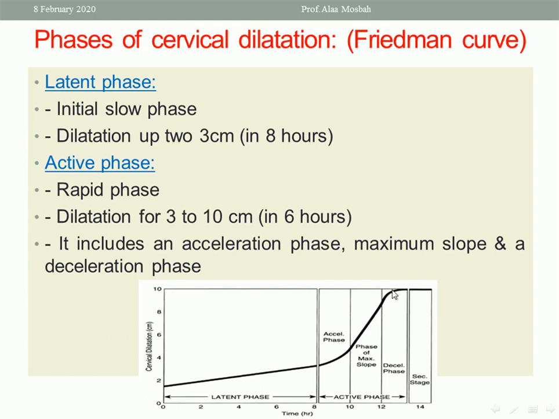So we have the latent phase and the active phase, and the active phase is divided into the acceleration phase, the maximum slope phase, and the deceleration phase.